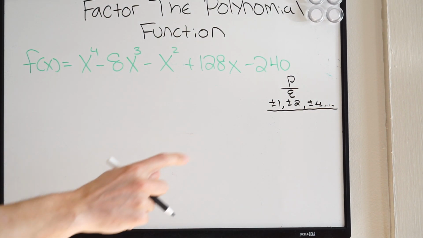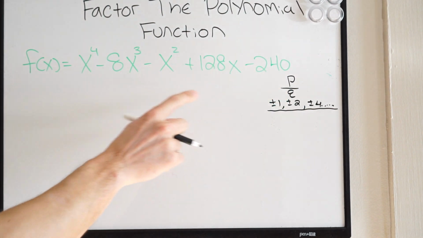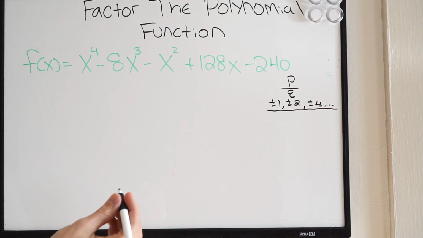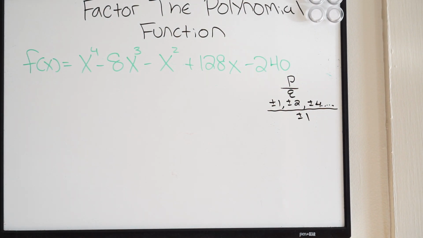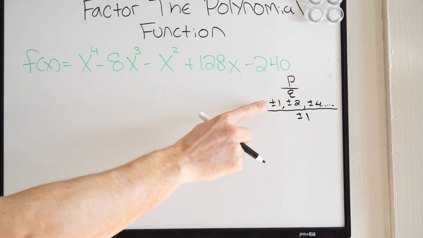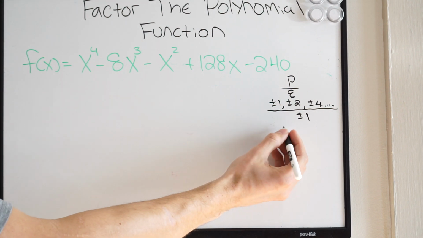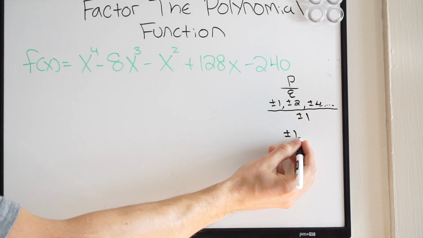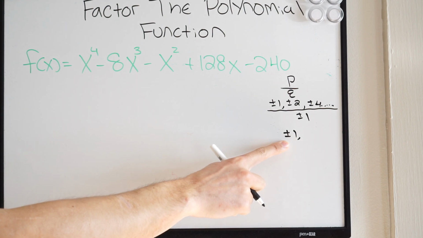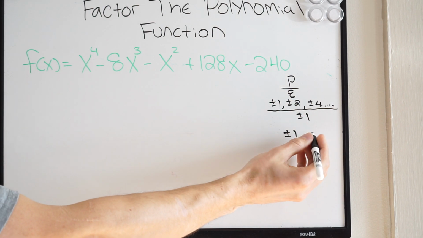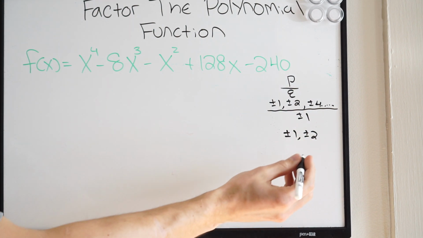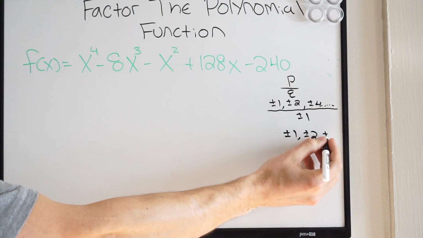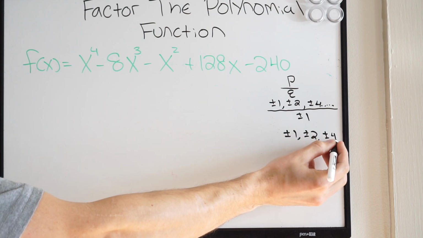Then I'm going to write the factors of my leading coefficient, or my Q value, which is just 1, so just plus or minus 1. And we're simply going to do out these operations. So 1 divided by 1, so plus or minus 1, that's a possible rational root. Let's do the other one, plus or minus 2, that's another possible rational root. And plus or minus 4.